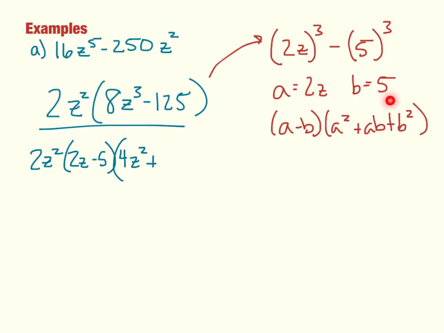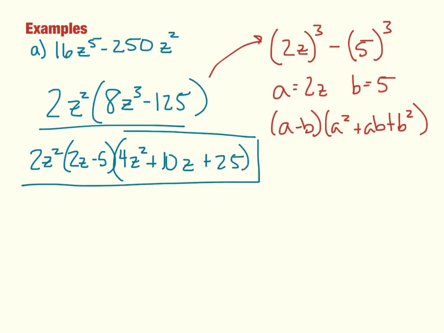What's 2z times 5? 10z. And then what's 5 squared for b squared? Plus 25. And then I'm done once I've plugged them in.